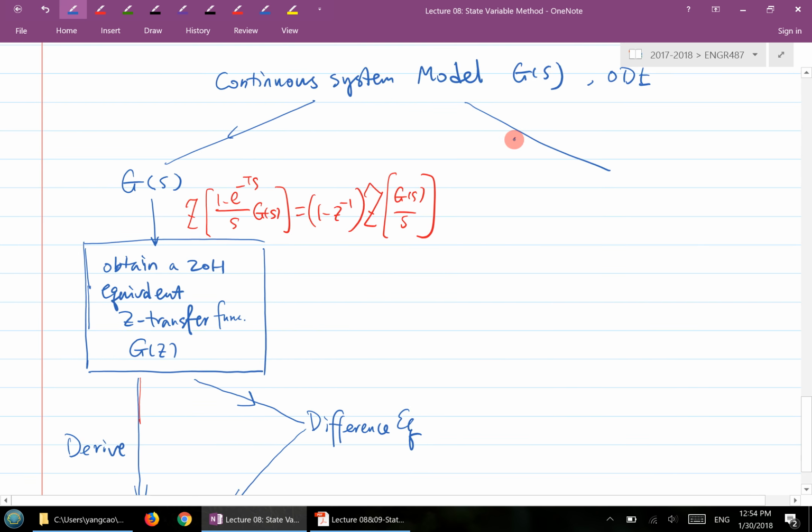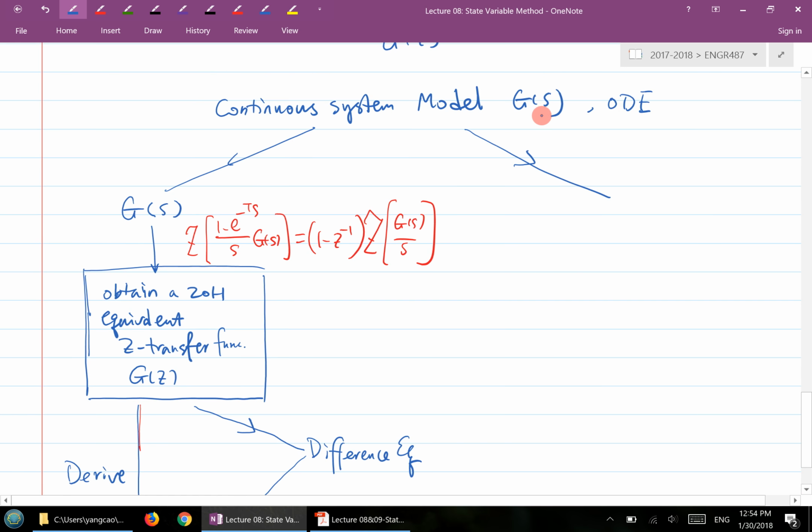Now the second branch is when you have the G of S here, starting from the continuous system model or the ordinary differential equation.